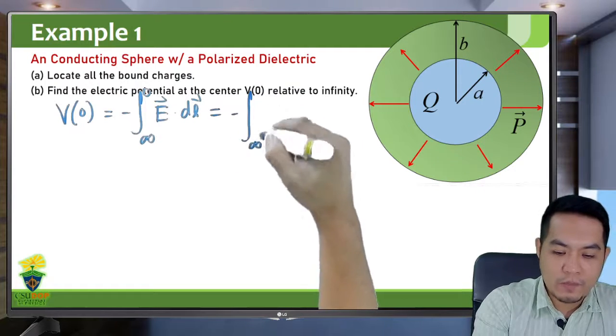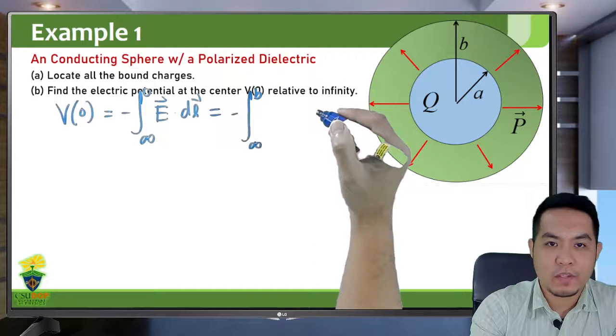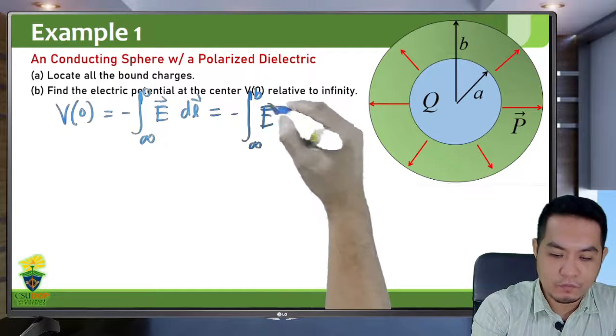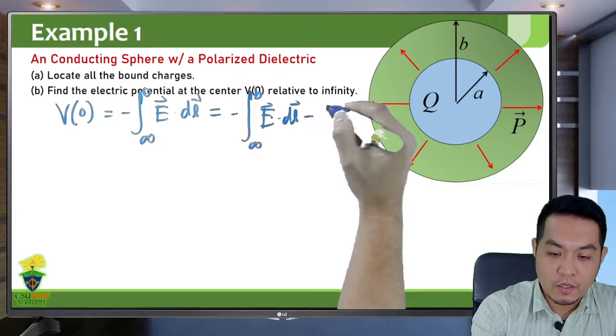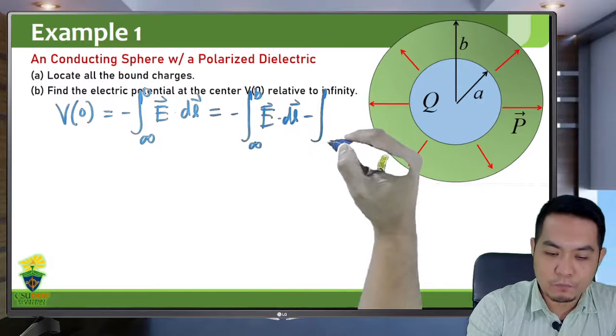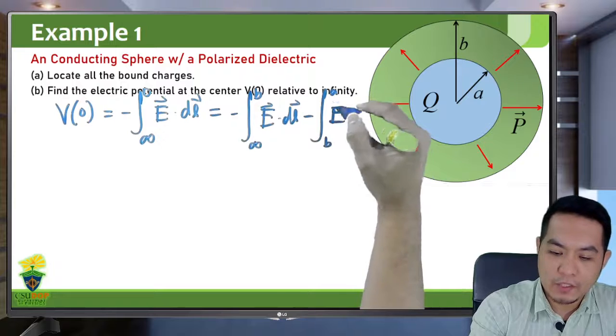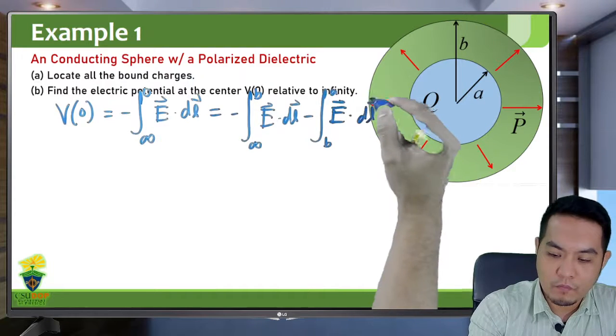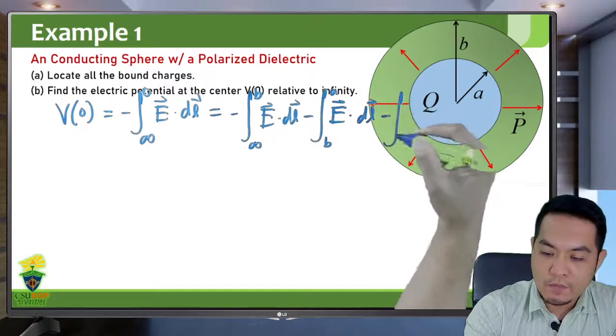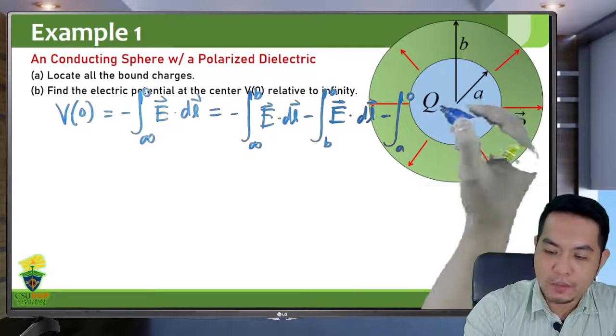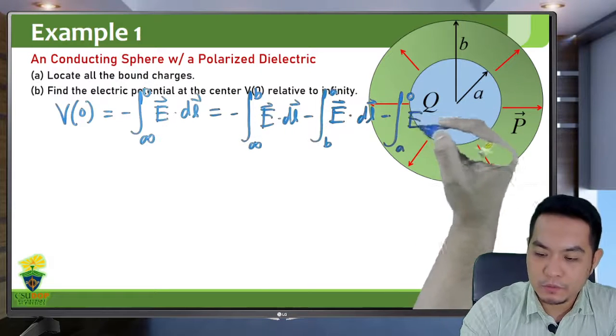We have from infinity to B, outside. And then from B to A, within the dielectric. And from A to 0, inside the conductor.